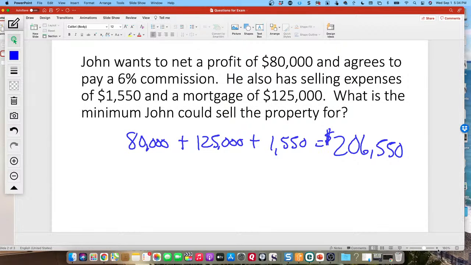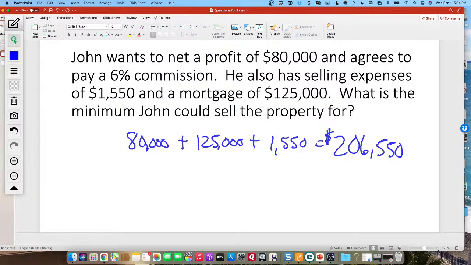Now that's the minimum John's going to need after he pays a 6% commission. So I'm going to double check: 80,000 plus 125,000 plus 1,550, $206,550.